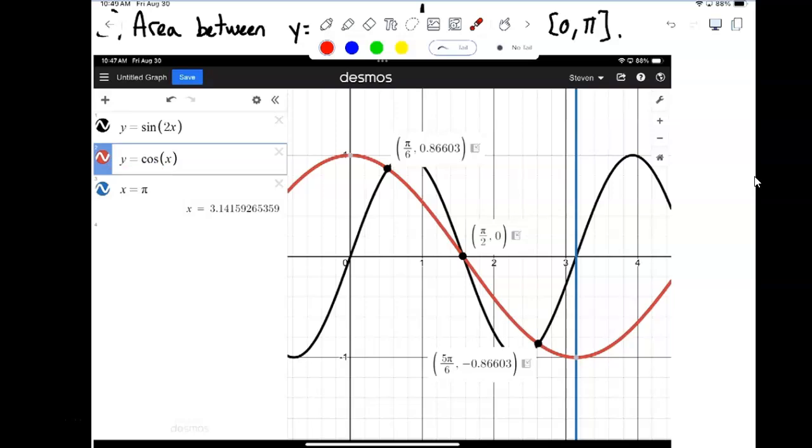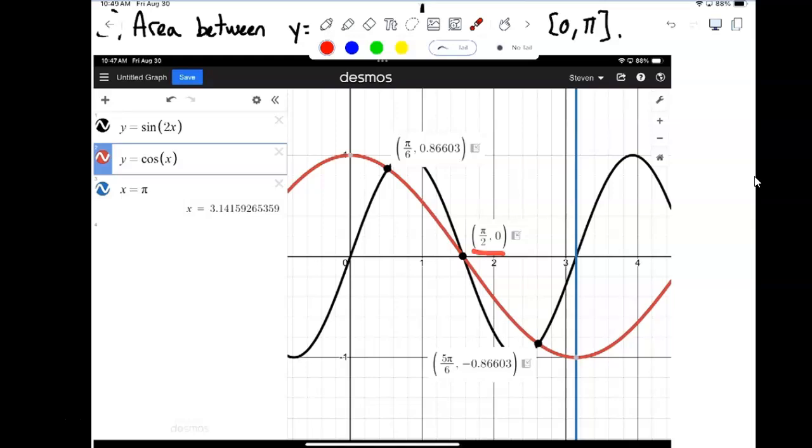And what I want you to observe here is that the red graph is on top for this first section of the graph, right? For this chunk of area here. The red function is on top. But then when we pass through the point pi over 6 here, the black function switches to top.